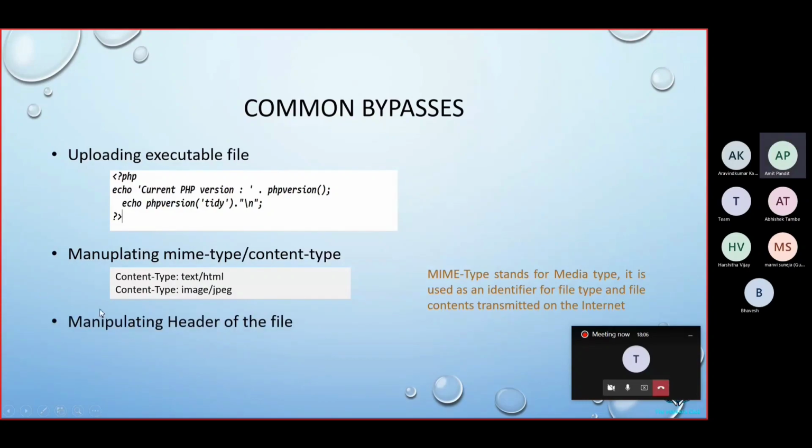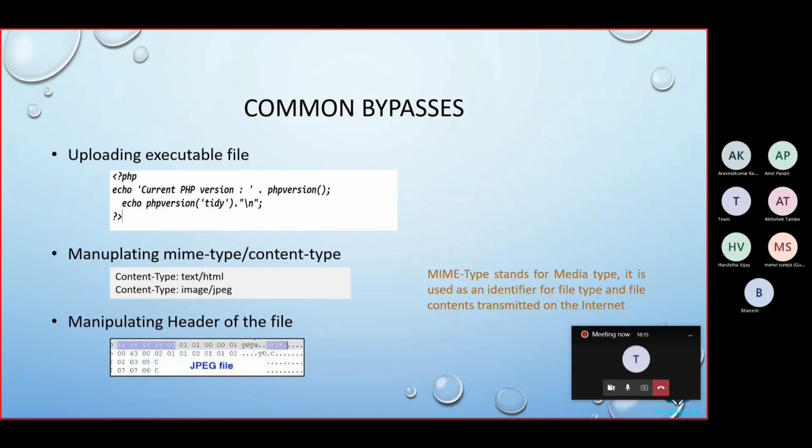Our next step is manipulating headers of the file. So what are headers? Headers are basically for every file. It contains some different headers. Headers like this for a JPEG file, this unreadable character is its header. It will signify that it is a JPEG file.